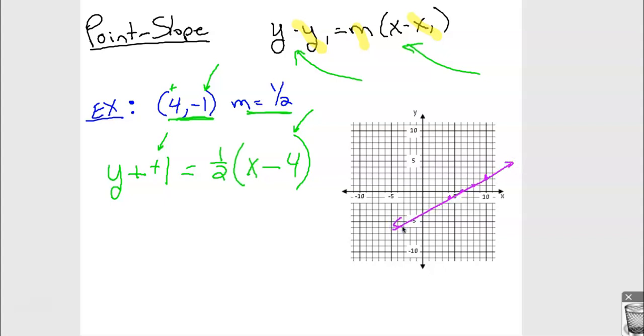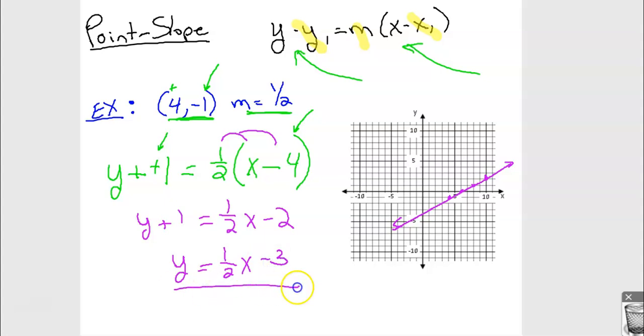The other thing you can do is use the distributive property. Notice what I have is y equals mx plus b, and I can see the y-intercept is -3. Now my graph's a little off just because I connected it really quick.